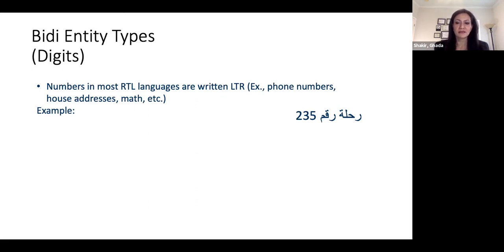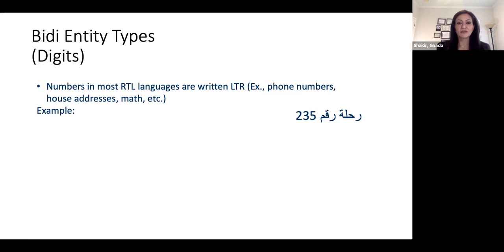This says flight number 235. This is a right to left oriented or baseline text. So initially, when we typed this in, we used right to left, and then we switched to left to right to accommodate the 235.